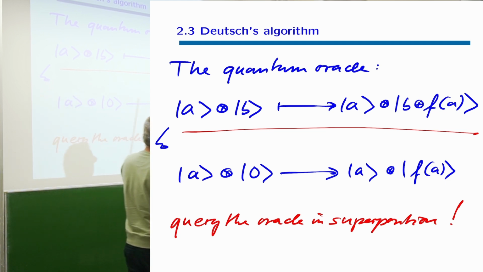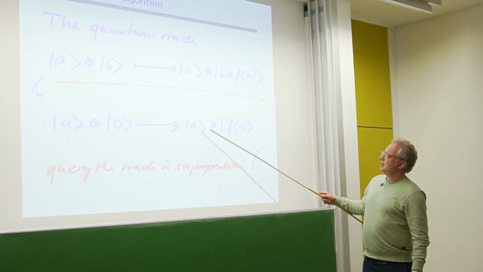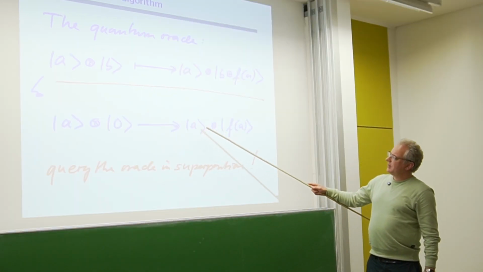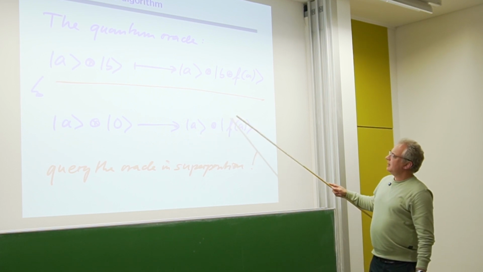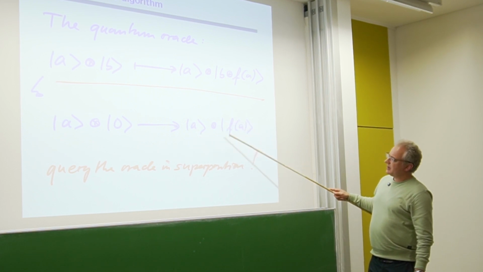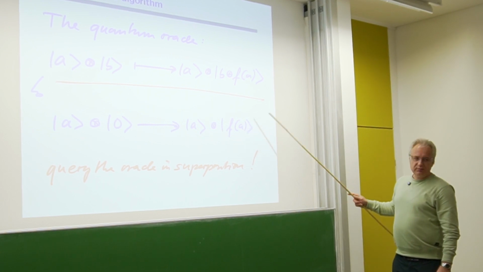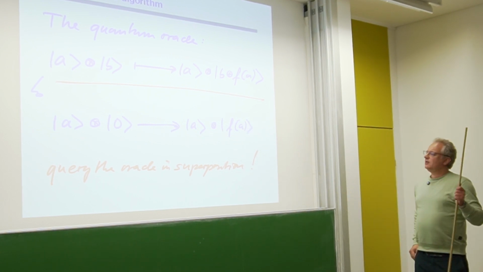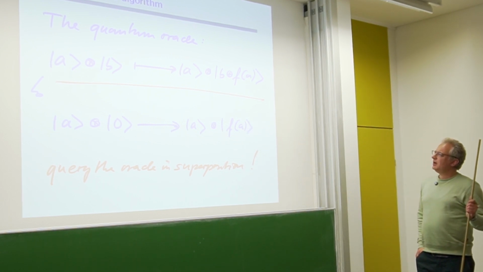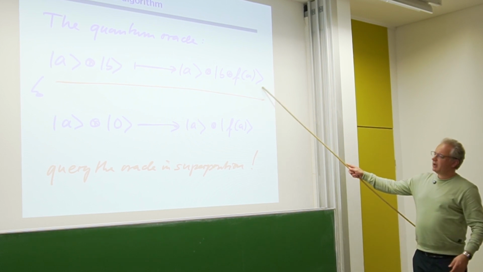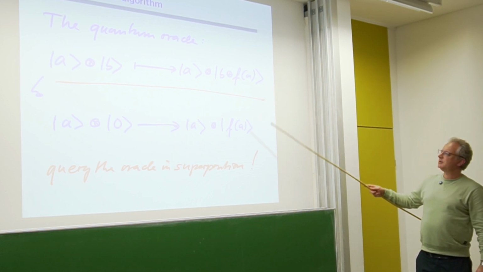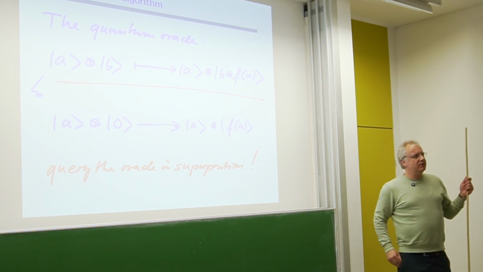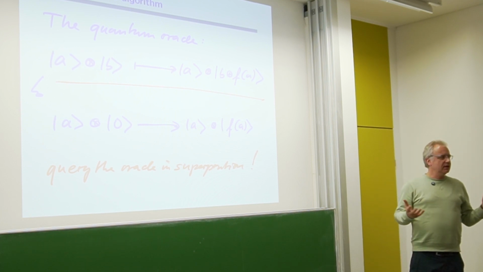And now you feed this to the oracle, and what the oracle does is it gives you the input back and then puts in the second register the output. Okay. And so that's kind of what you want, but we have to make it meaningful, because we need to explain that the oracle does something that can be done.